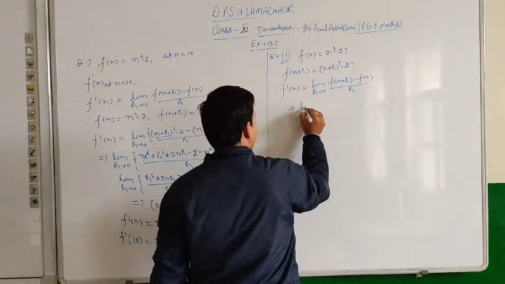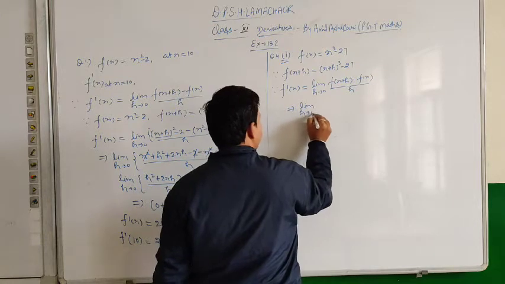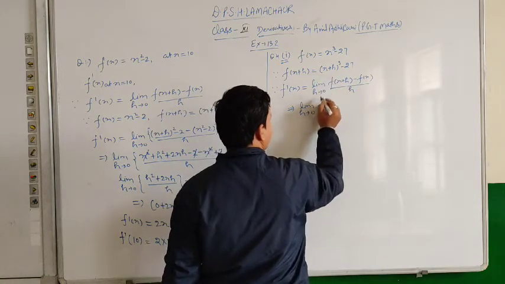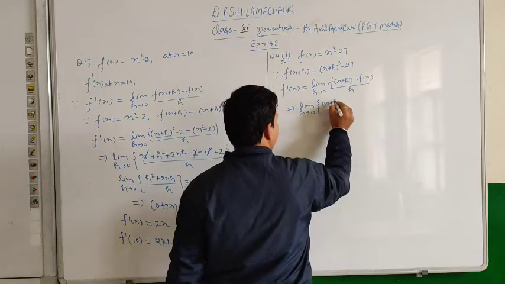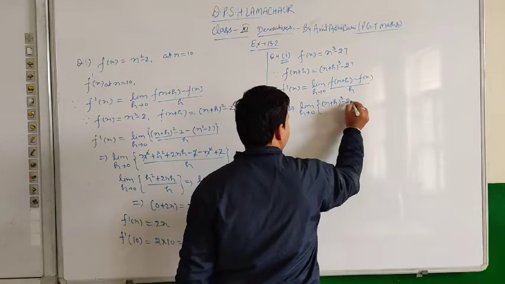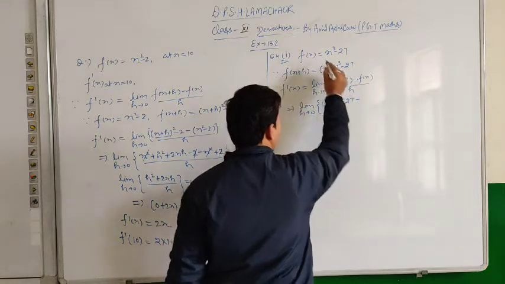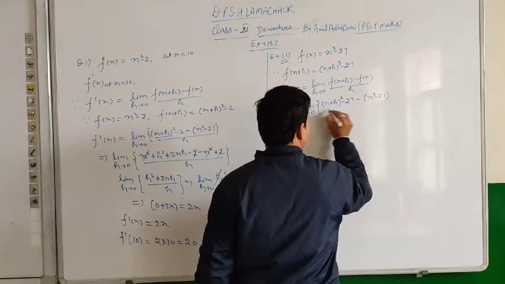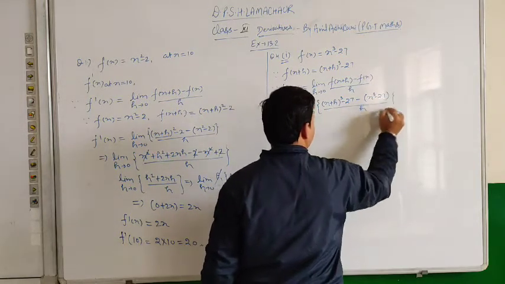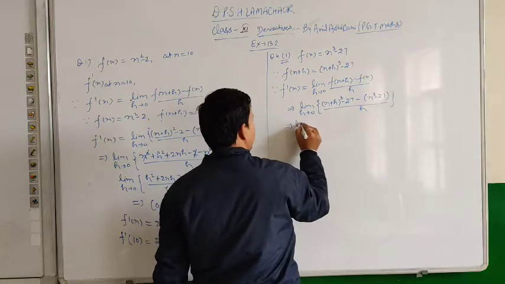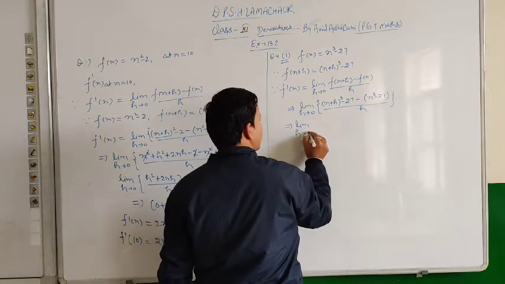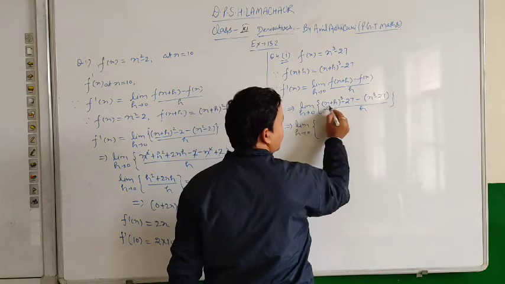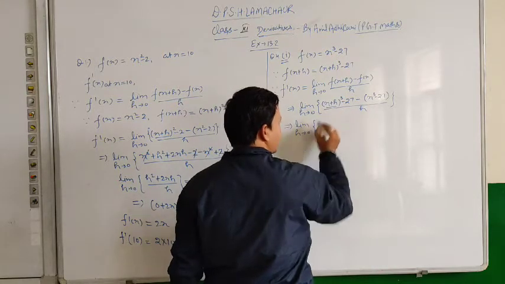So this will be limit h tends to 0, the value of f of x plus h is x plus h whole cube minus 27, okay, minus value of f x is x cube minus 27 and divided by h. Okay, limit h tends to 0. Now you can open this x plus h whole cube.